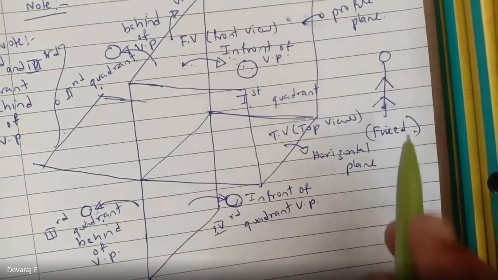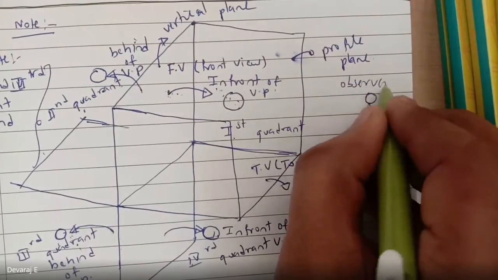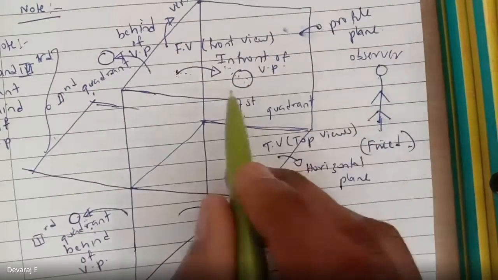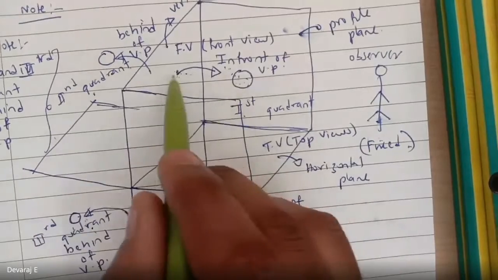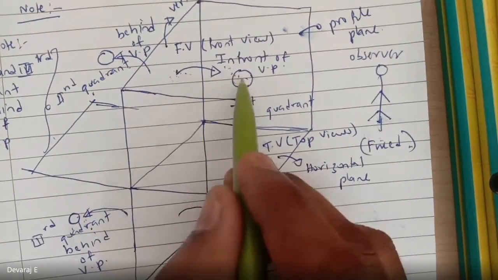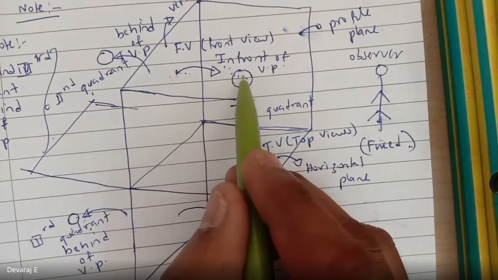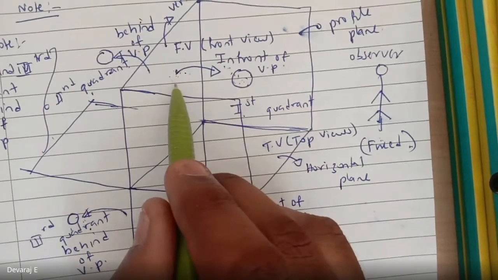The observer will always be fixed. The observer views the object and tries to convert the 3D object to the 2D views.